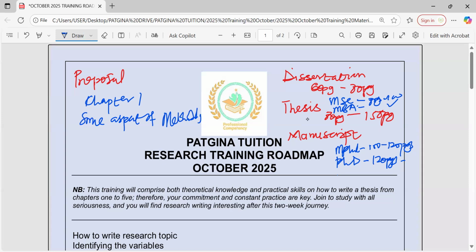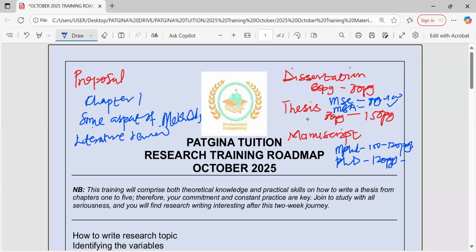The truth is that you can bring literature review in proposal writing, but that is not how we should write proposal. When we're writing proposal, we don't write literature review unless your school format requires you to bring literature review.